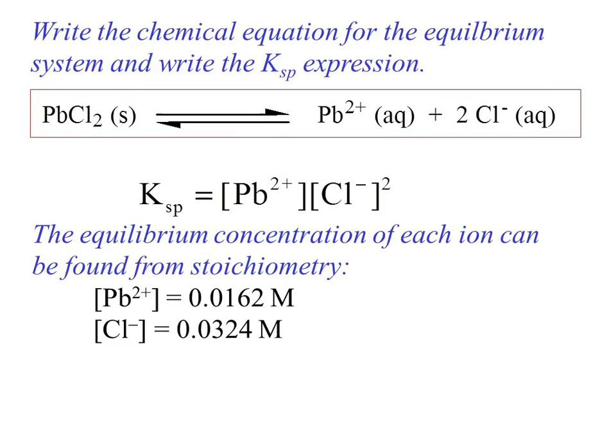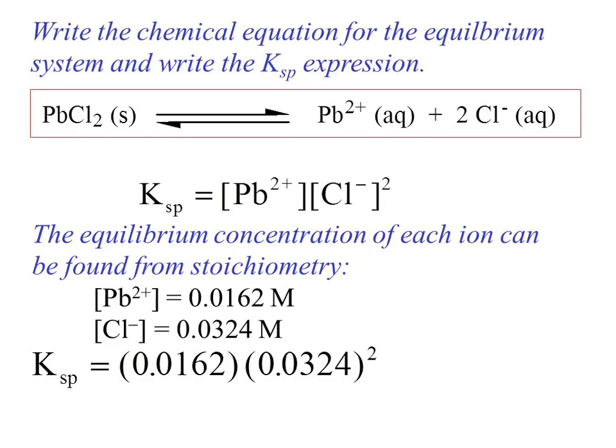Okay. So we can use basically stoichiometry. If you have 1 mole of the salt, you're going to get 1 mole of lead 2 and 2 moles of chloride, and plug those in. And so if we set the Ksp, which is what we're after, equal to the molar concentration of the lead 2, 0.0162, times the molar concentration of the chloride, which was 2 times 0.0162 or 0.0324.